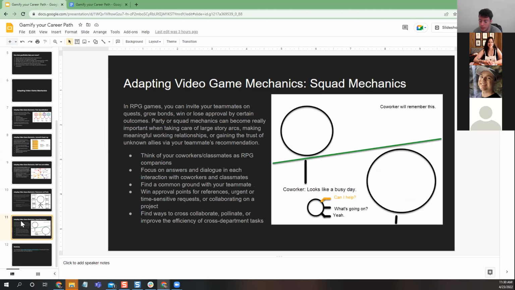Those teammates, in a video game sense, may be your coworkers, your professors, or people that worked on the same project as you. If you think about how you can improve your rapport with them, it can really help you later on in your career.